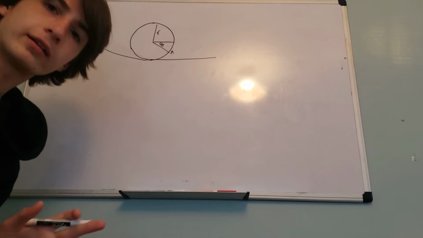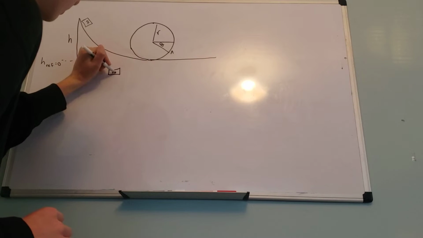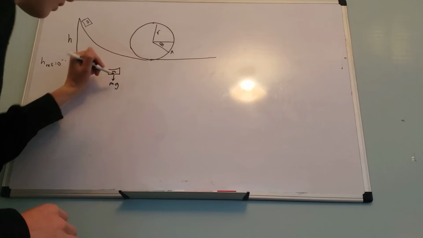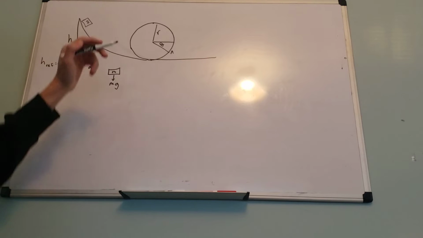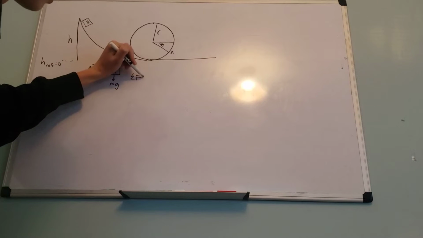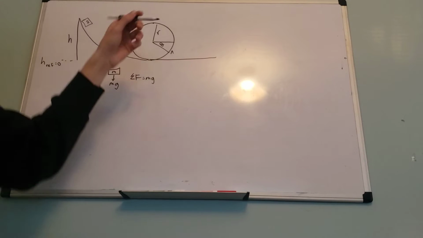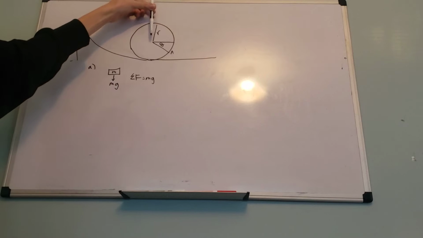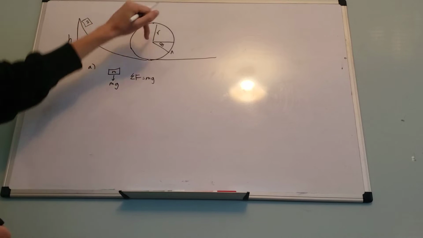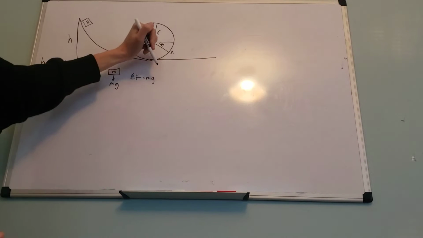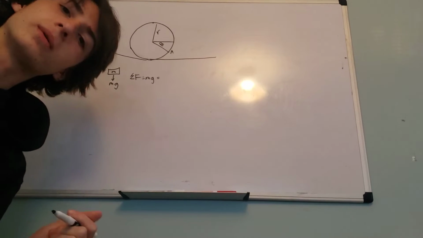So I'm just going to draw a free body diagram at that point real quick. If the normal force due to the track is 0, the only force acting on this is gravity. Because this force is pointing completely towards the center of the circle, we can say that acceleration is equal to v squared over r.